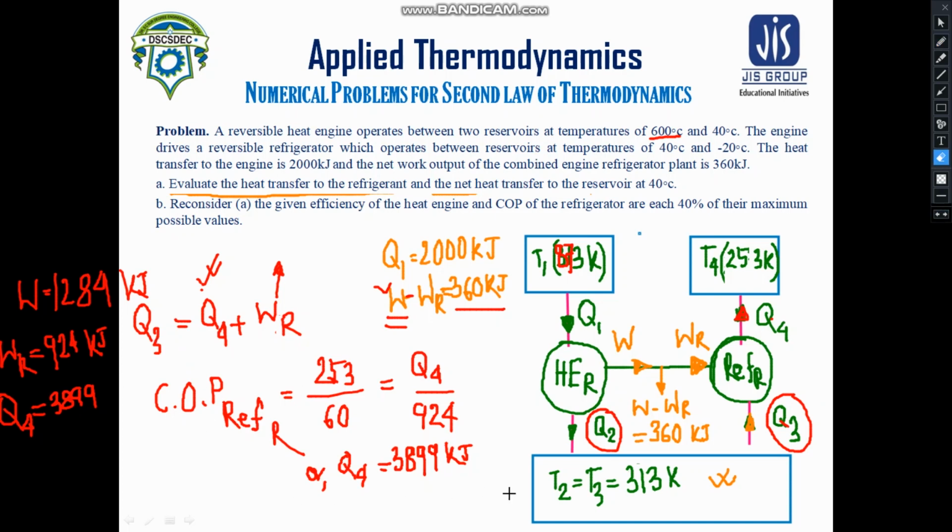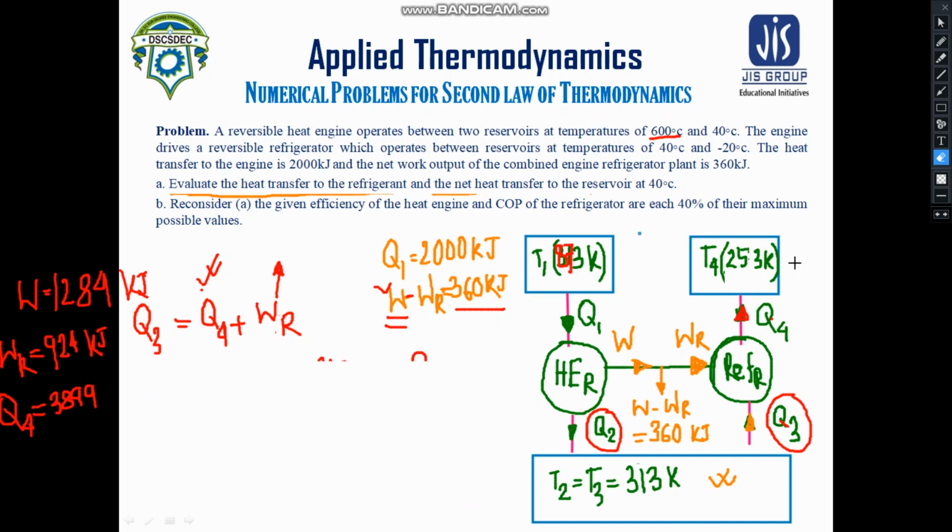Simply we will add up the value of Q4, which we have obtained just now, and the value of WR, which is 924 kilojoules, and the answer will be 4823 kilojoules. So now we have found out the heat transfer to the refrigerant.